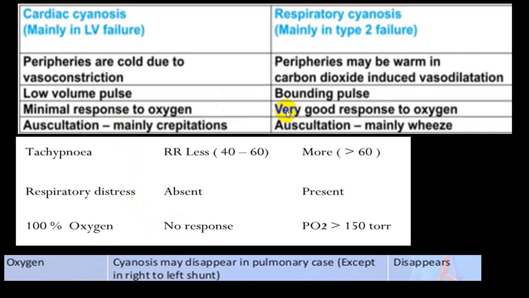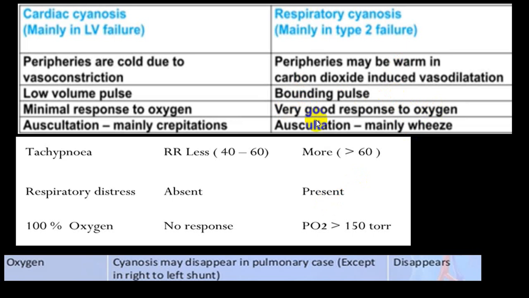And because of diminished ventilation there is poor oxygenation, so when you give oxygen, oxygenation is good and it will give a very good response to oxygen therapy, and the person will have diminished cyanosis.